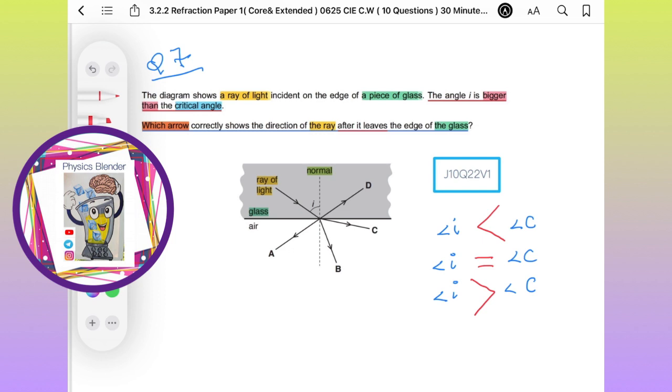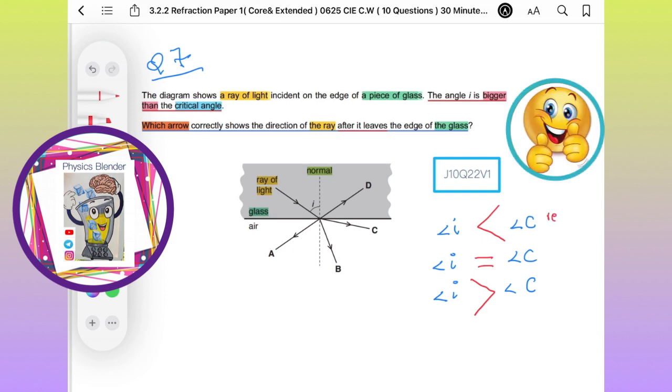If the angle of incidence is less than the critical angle, refraction takes place. The ray will be refracted in air away from the normal. If the angle of incidence is exactly equal to the critical angle, the ray will be refracted at the boundary, and we call this critical case.